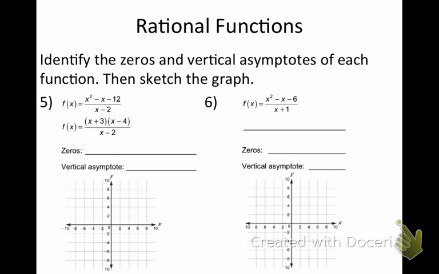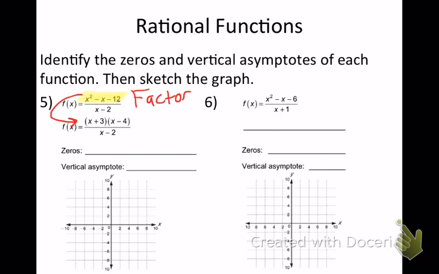So let's look at number 5 here. I want to identify the zeros and vertical asymptotes of each function, then sketch the graph. So in the numerator here, x squared minus x minus 12, I want to look to factor. So I factor it, x squared minus x minus 12, what multiplies to get -12, adds to get -1?